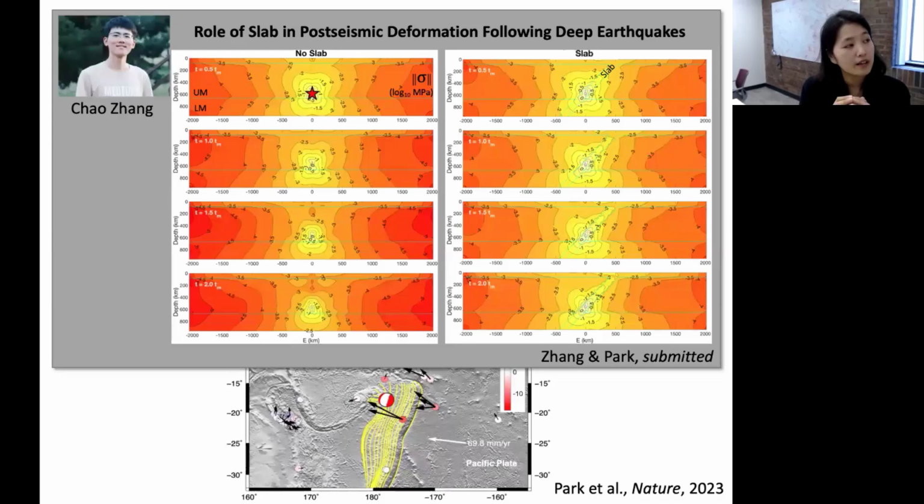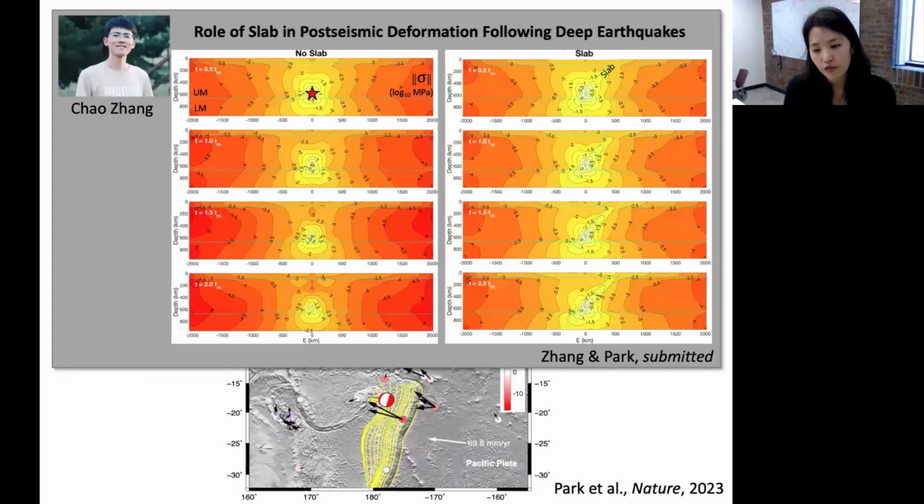Interestingly, we found that connectivity of the slab is not super important in stress evolution. So you might have some earthquake that's happening in a fragmented part of the slab, and that would still give you pretty similar stress evolution.